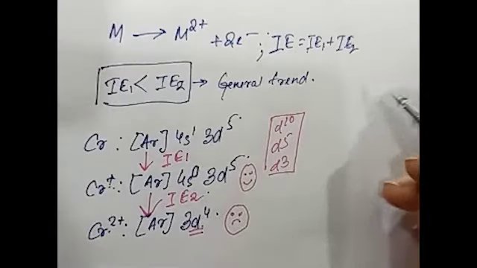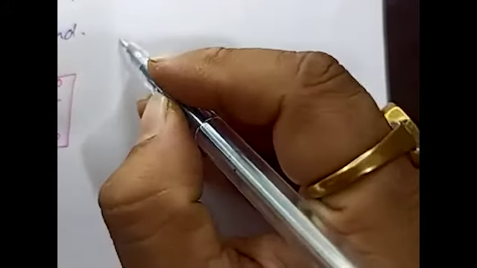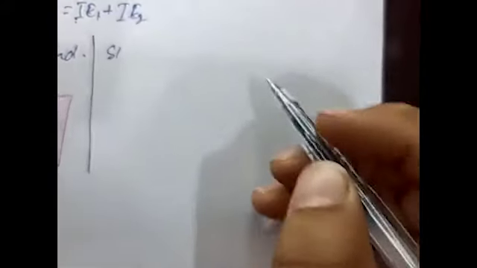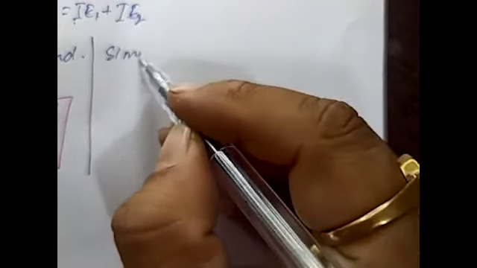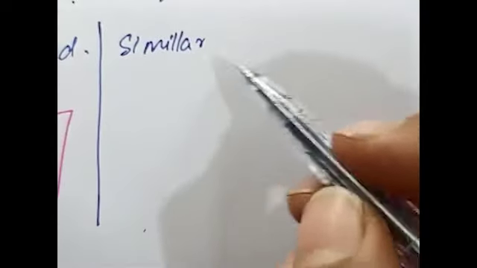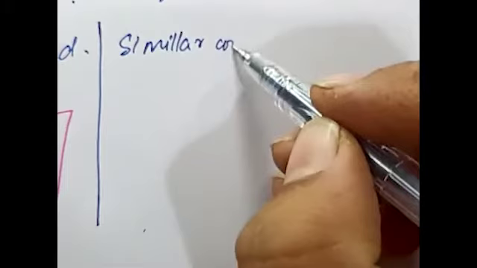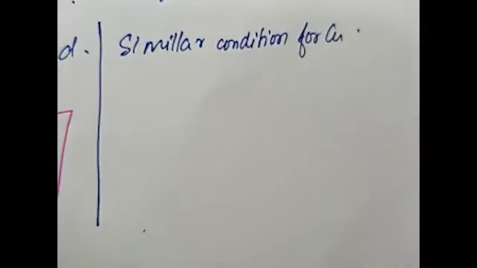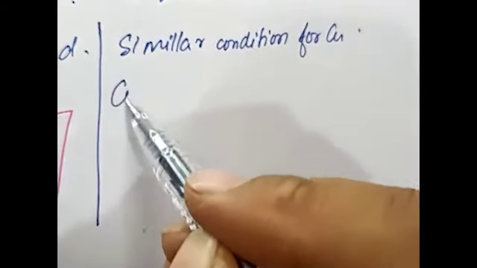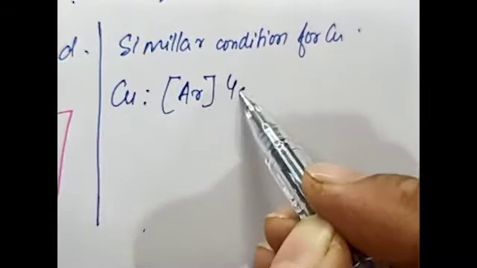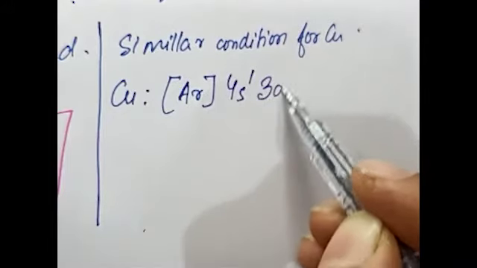Similarly, copper has the same condition. Copper's electronic configuration is very similar: argon 4s1 3d10.